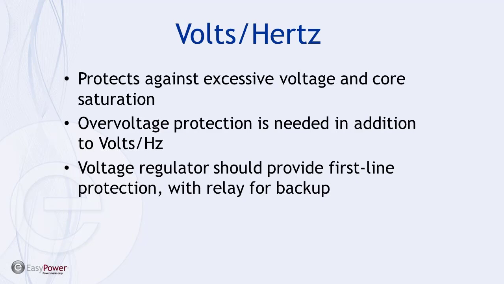Again, as we mentioned with the excitation system, the voltage regulator should provide protection against volts per hertz and overvoltage, undervoltage, but the protective relay will be used as a backup to the voltage regulator. Overvoltage settings may also be dictated by your transmission operator or your utility, and so that's another factor that you have to put in there.